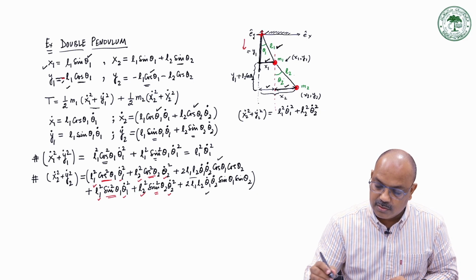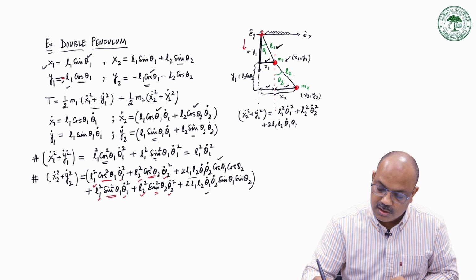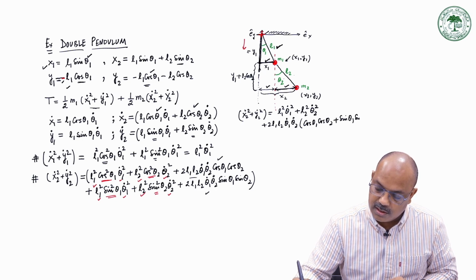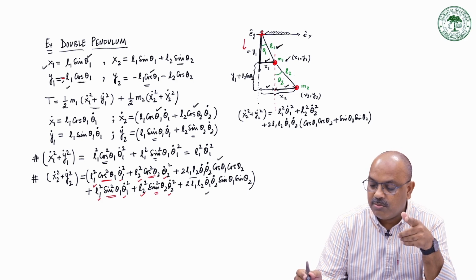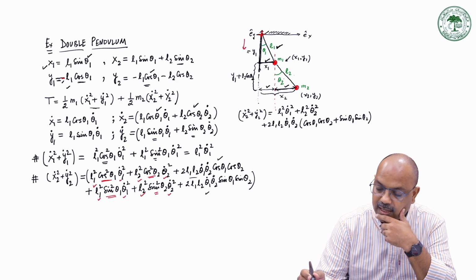This is common, so this is going to be plus twice L1 L2 theta 1 dot theta 2 dot, and then what you have is cos theta 1 cos theta 2 plus sine theta 1 sine theta 2. So this is cos A cos B plus sin A sin B, which is going to be cos A minus B, cos theta 1 minus theta 2.